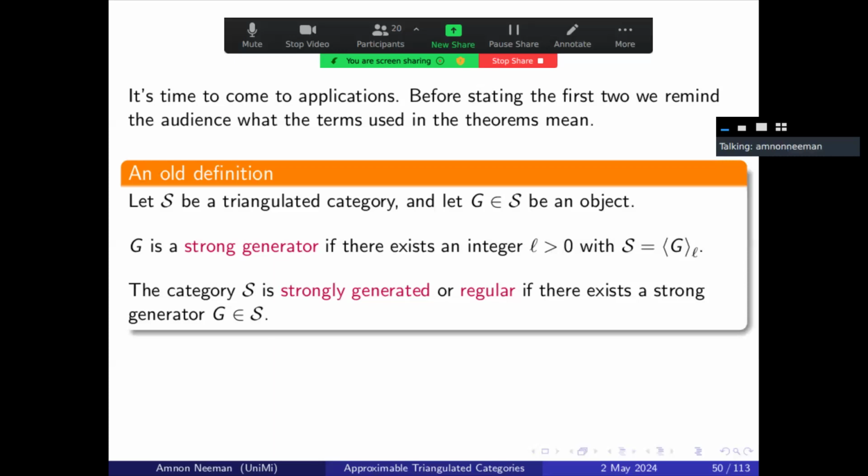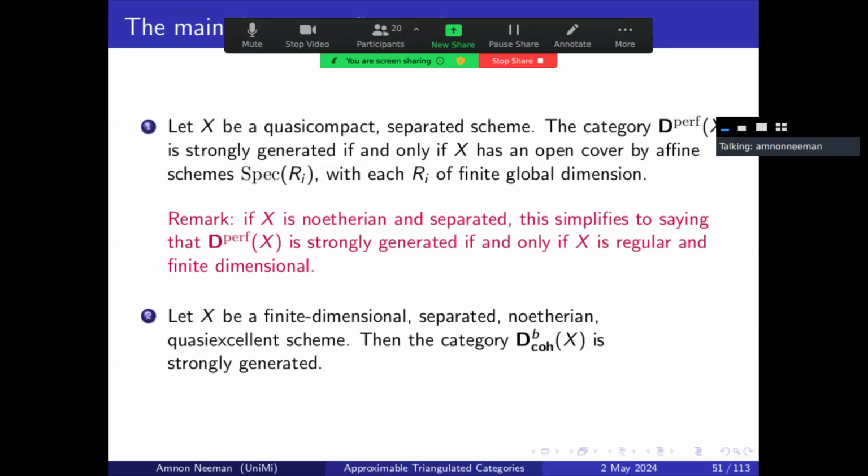So those are definitions. And now the theorems say, okay, let X be a Noetherian scheme. It says that the perfect complexes are strongly generated if and only if X is regular and finite dimensional. And the bounded derived category of coherent sheaves is basically always strongly generated.